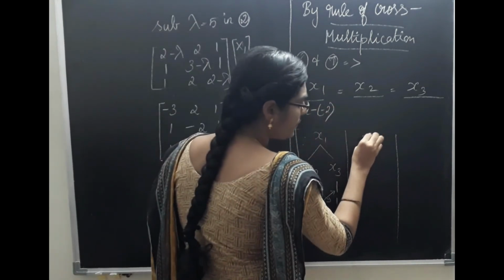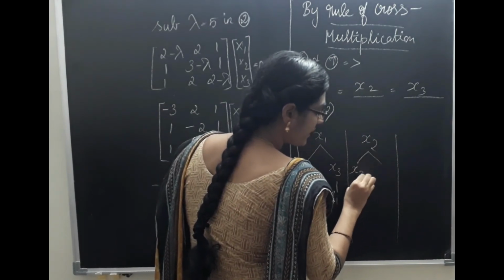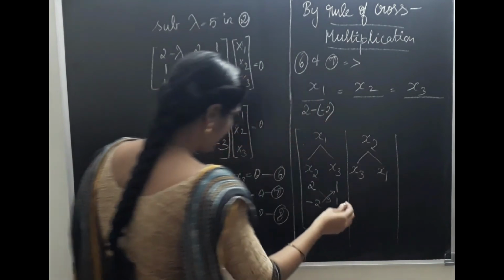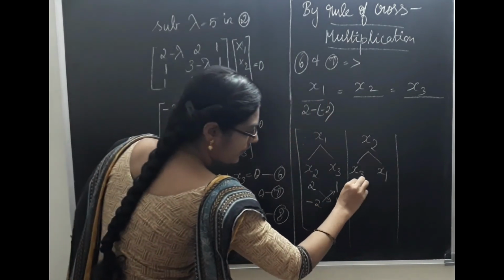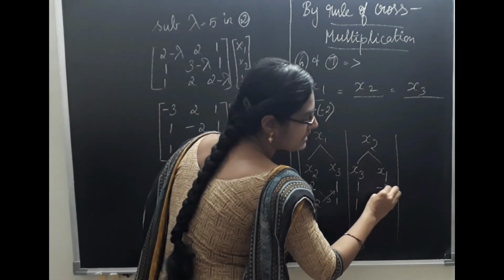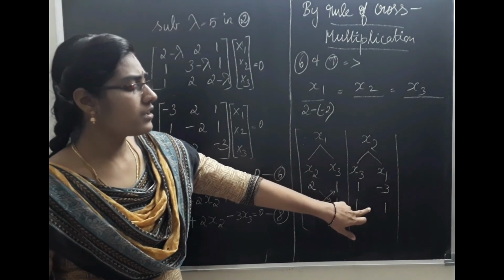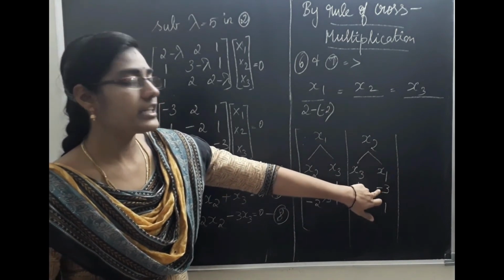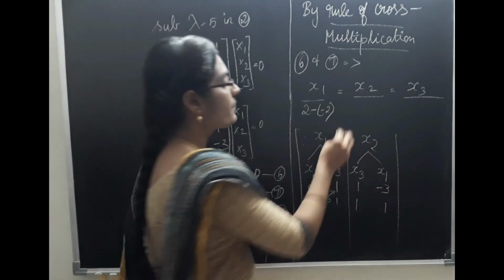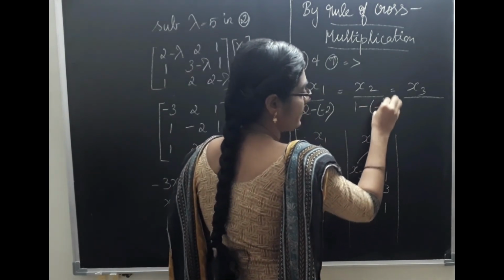Then for x2 we need to cross multiply the coefficients of x3 and x1. x3 is 1, 1 and x1 is minus 3, 1. Now cross multiply it: 1 into 1, minus of 1 into minus 3. We can write it as 1 minus of minus 3.